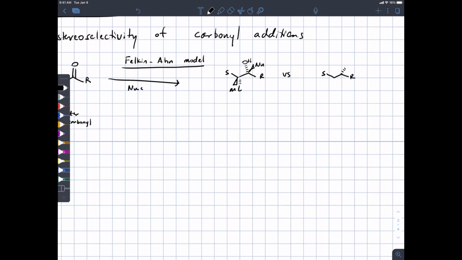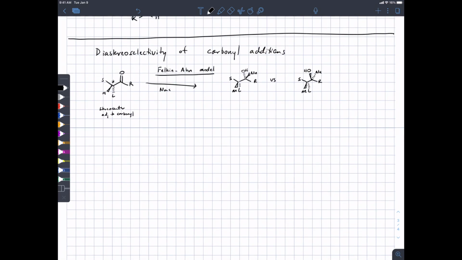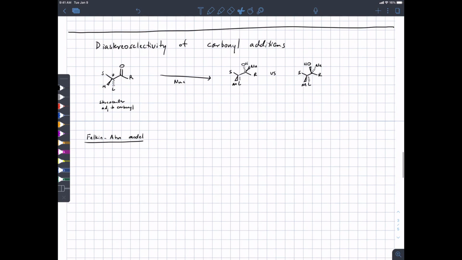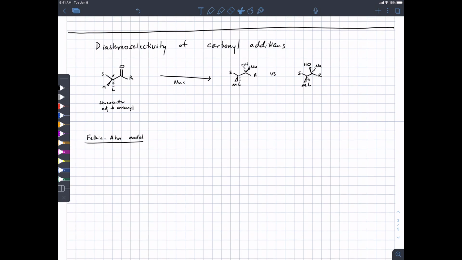And just to be clear, those 2 options are diastereomers, which is why we're talking about this. If they were enantiomers, we wouldn't be able to distinguish between the 2. But because they're diastereomers, they don't have to form to the same extent. So which one is it?